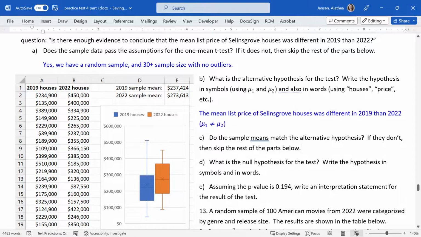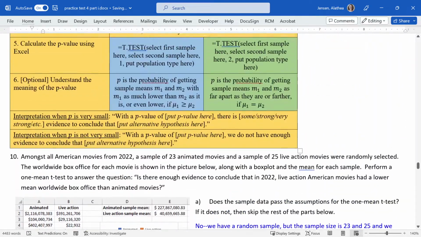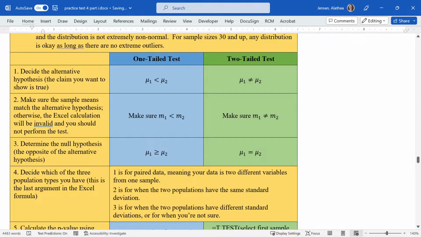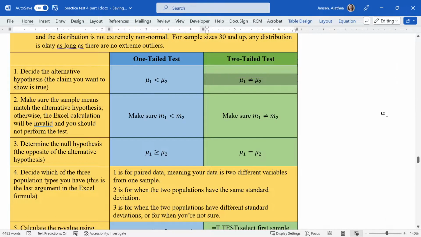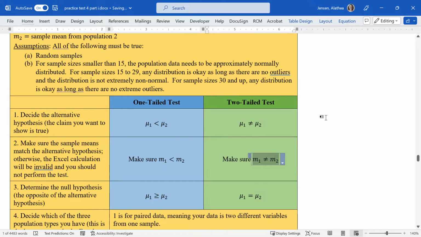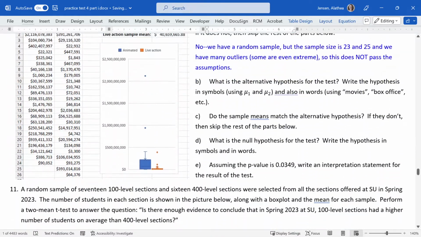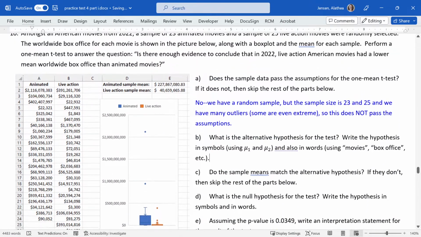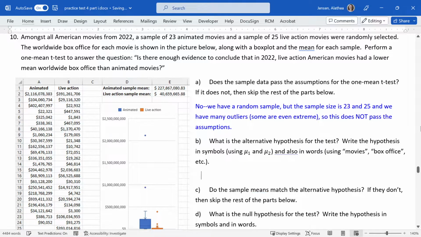All right. Now, do the sample means match the alternative hypothesis? So we're actually doing the two-tail version here. If we look back at the table, we're in the two-tailed test column here because we want to have mu1 not equal mu2. So all you need to check is that the means are not the same, and it would be quite a coincidence if they were, so you don't really have to worry about this one as much for the two-tailed version.